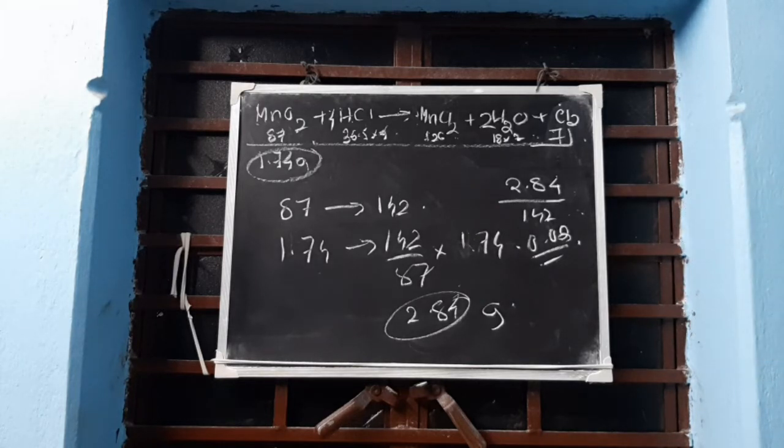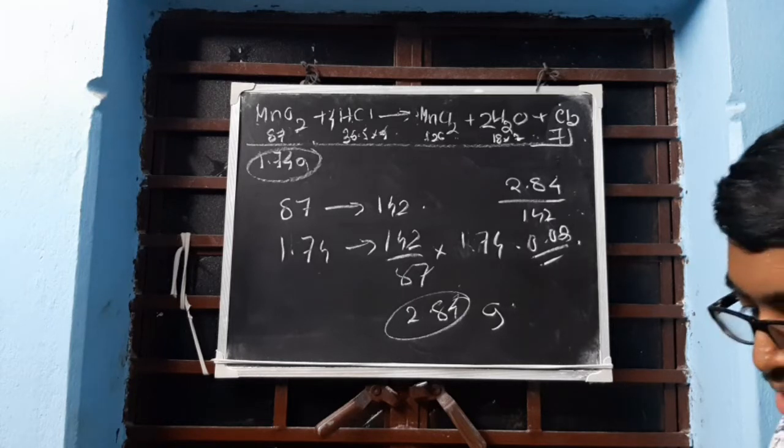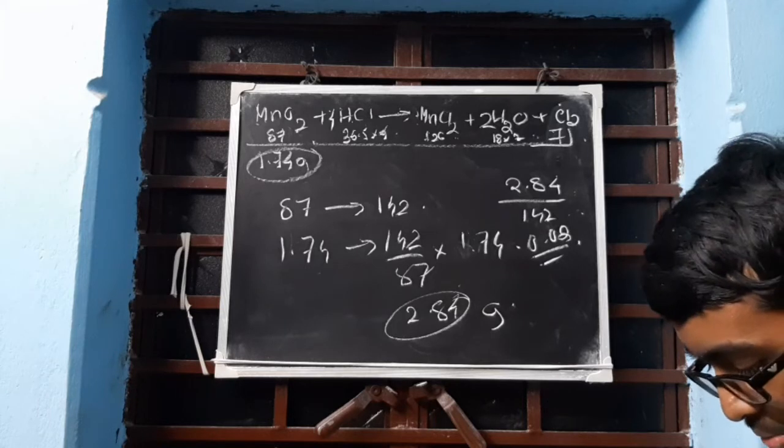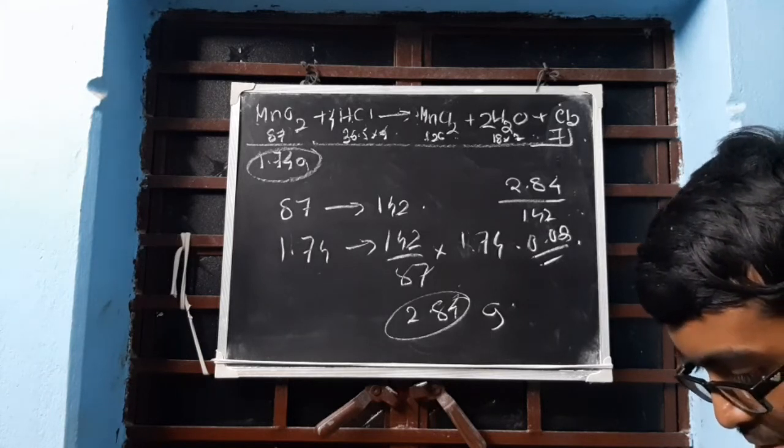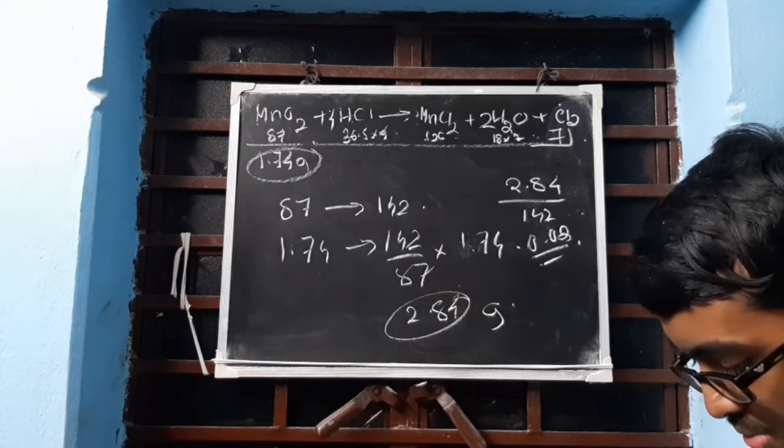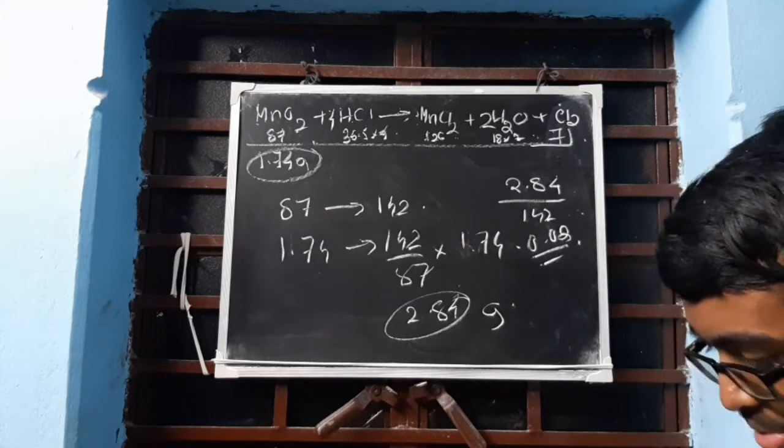142 divided by 87 into 1.87. 142 divided by 87 into 1.7, 2.84.